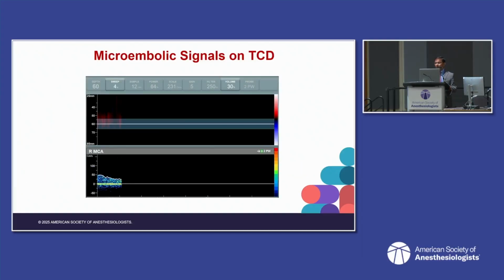In my institution, we use transcranial Doppler to do the bubble studies instead of echocardiograms. So basically, we're looking at the middle cerebral artery. We inject agitated saline into the antecubital vein, and if there's a right to left shunt, the emboli will show up in the brain.